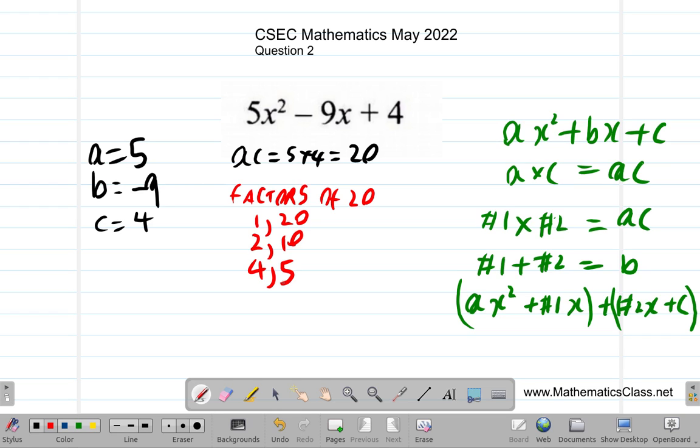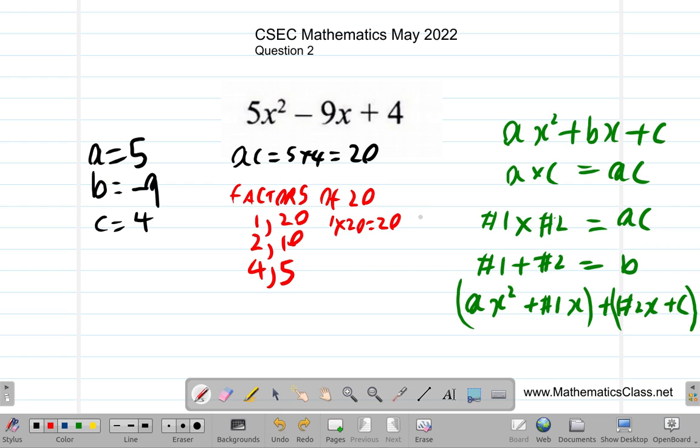Now, I wonder which two numbers multiply to give 20 but add to give negative 9. The fact is 1 times 20 is equal to 20. But 1 plus 20, oh, that's not negative 9. That's 21. Let's try again.